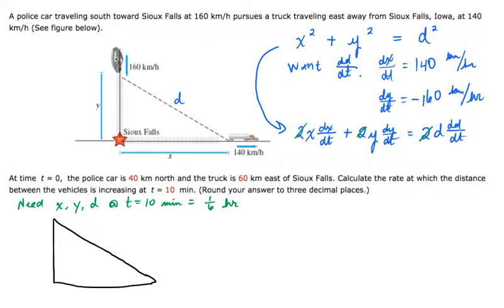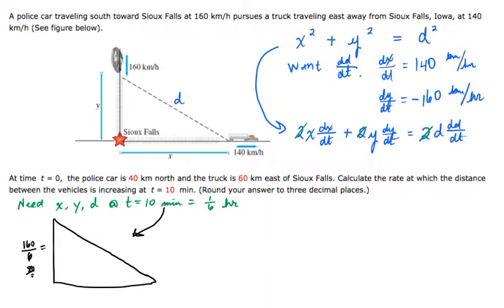So if this car is traveling at 160 kilometers per hour, then its distance right here is 1/6 of 160, because this is a picture of the 10 minutes here. So 160 kilometers per hour times 1/6 of an hour leaves us with this many kilometers, which, let's see, reduces to 80/3.